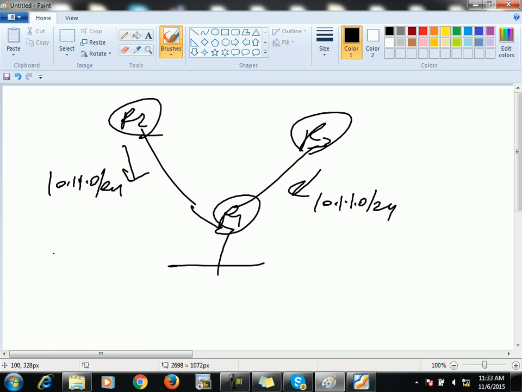Weight is locally significant. Weight value will never be carried forward within BGP updates, whether they are going towards IBGP or EBGP.